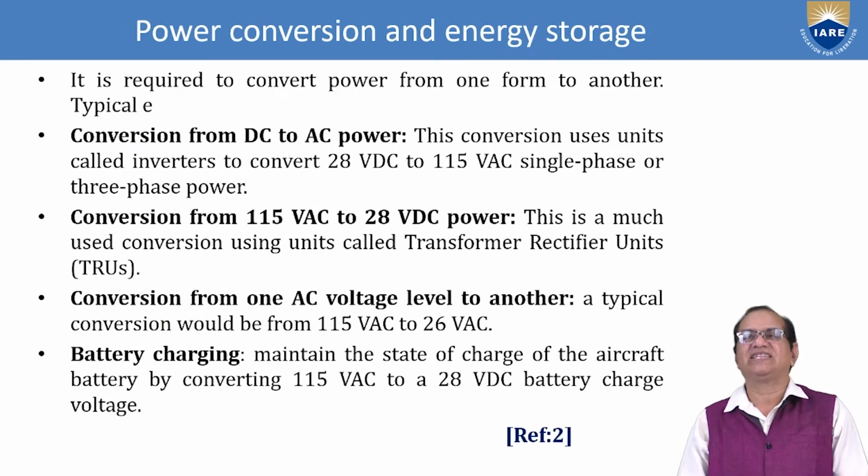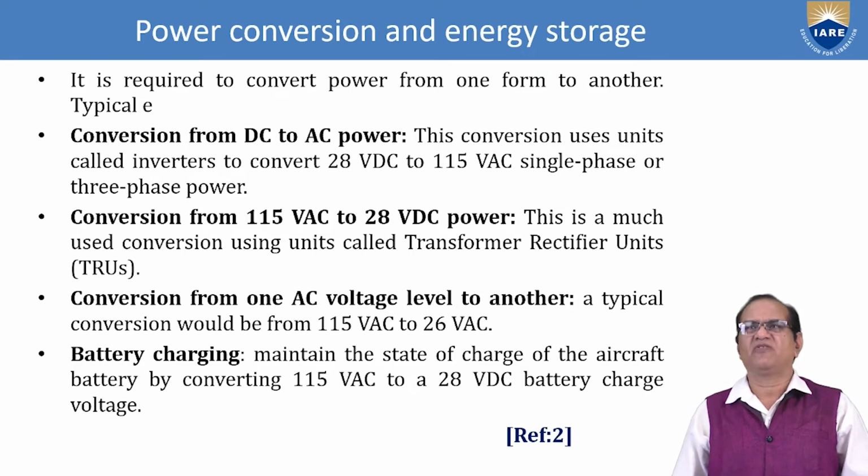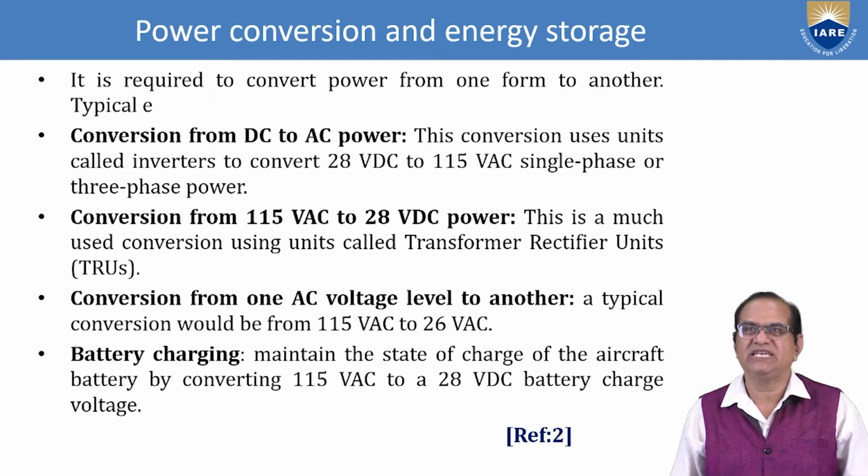Power conversion and energy storage. It is required to convert power from one form to another. Typical conversion from DC to AC power uses units called inverters to convert 28 volt DC to 115 volt single phase or three phase power.